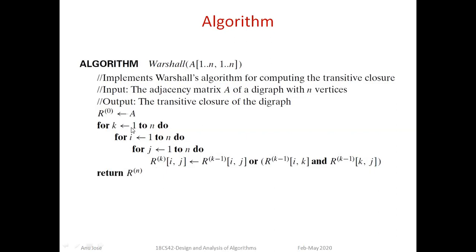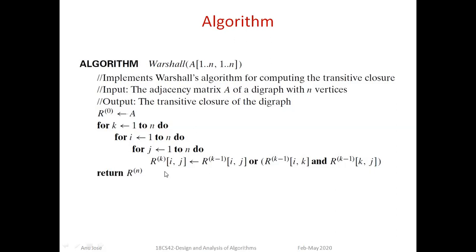That means if in the previous example you had 4 vertices, you calculated up to R4. So if you have N vertices, you should calculate up to Rn. So K should be varying from 1 to N. And for accessing the matrix, you need two indices, I and J, that will also start from 1 to N.